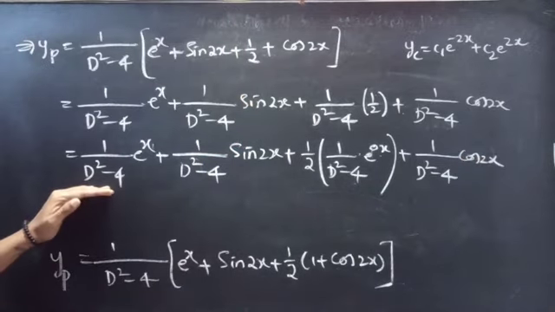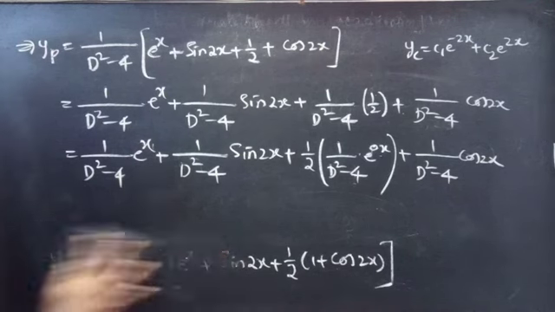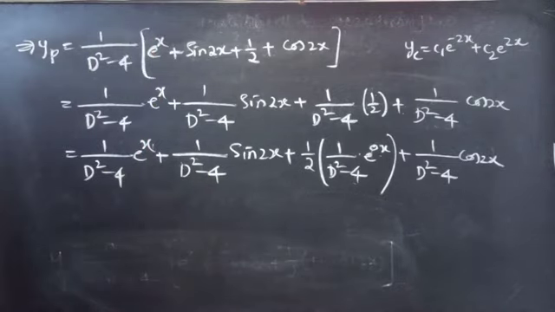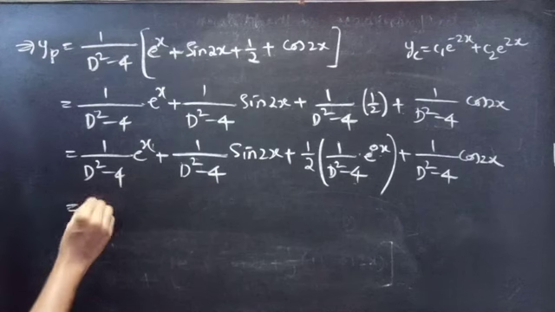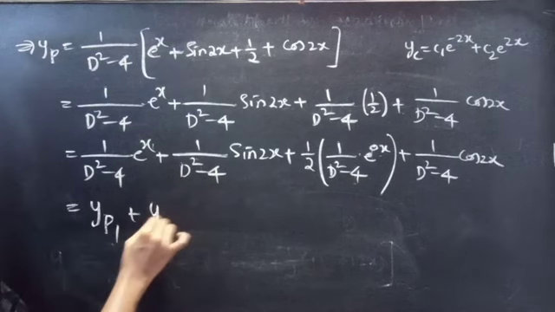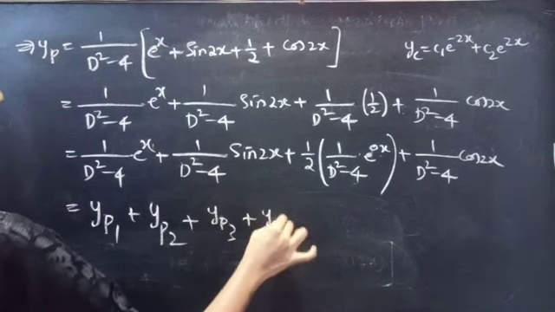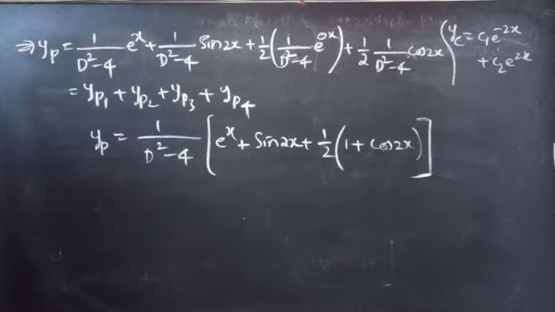Either you can solve like this, or you can find each term separately for your convenience. If you are good at formulas or methods, you can just continue like this, or you can find each term separately. Let's name the first term yp1, the second term yp2, the third term yp3, and the last term yp4.